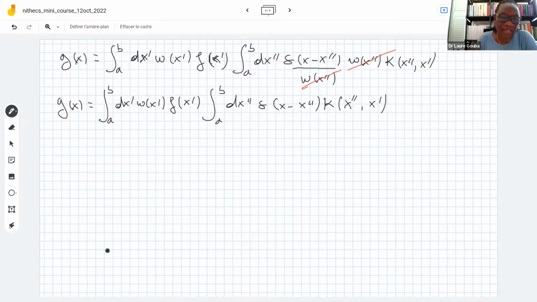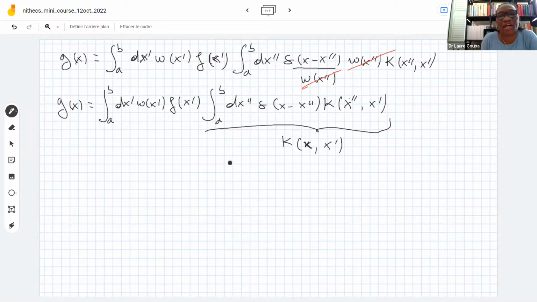Since we have the delta distribution property here, with respect to that, what is this expression? This expression, as I said, will be equal to k x x prime, because I am integrating over dx second of delta x minus x second k x second x prime. And at the end, what do I have?